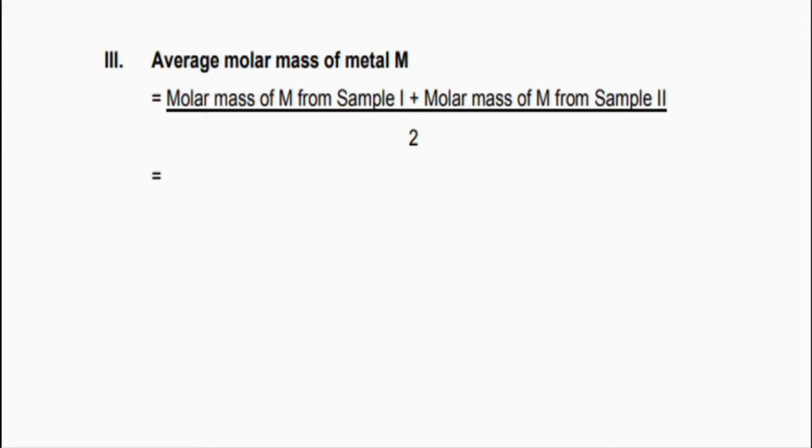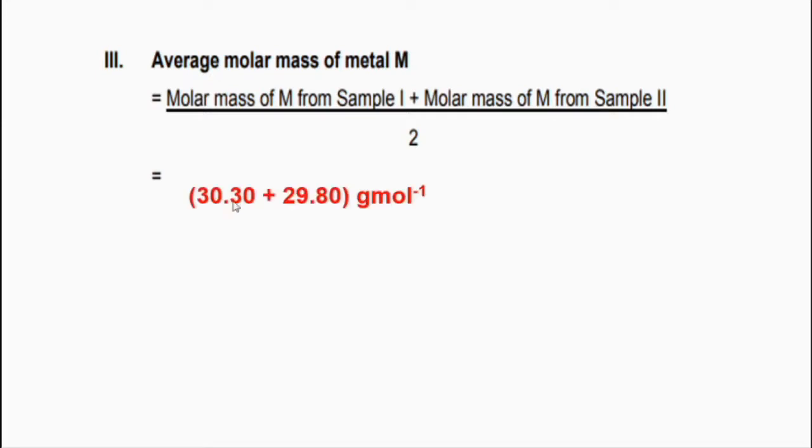Once we have determined the two molar masses for sample 1 and sample 2, next we find the average molar mass of metal M. How to do that? Simply add the molar mass of M from sample 1 with the molar mass of M from sample 2, and divide both by 2.